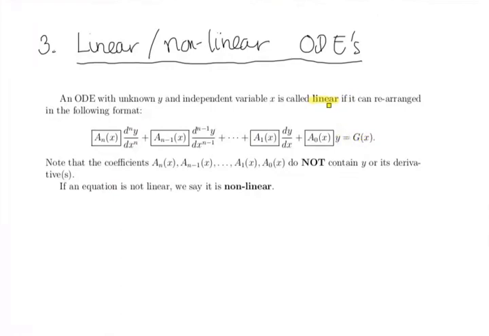So after we rearrange the equation like that, we look at the terms in front of the derivatives. This is a coefficient. This is another coefficient, etc. We have a linear equation if all the coefficients do not contain y.